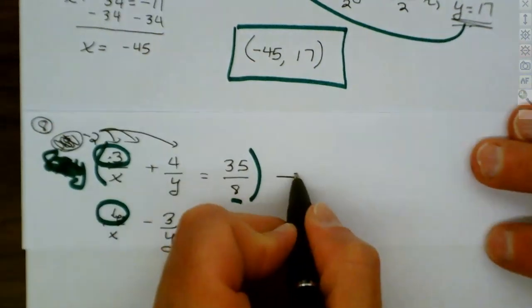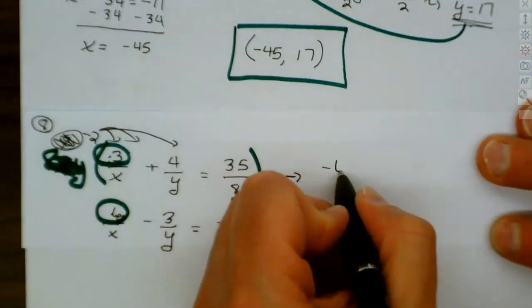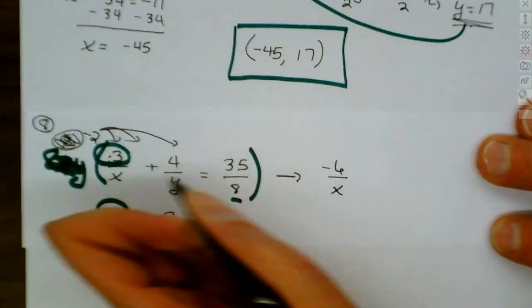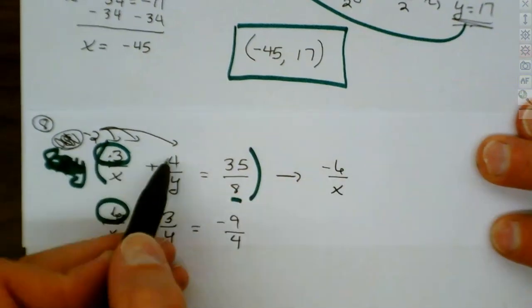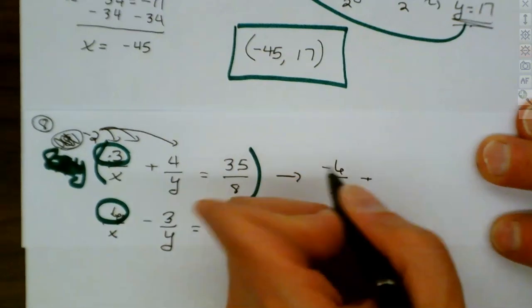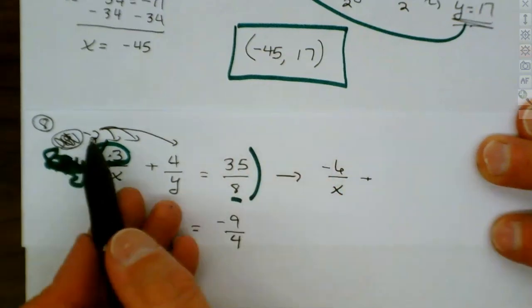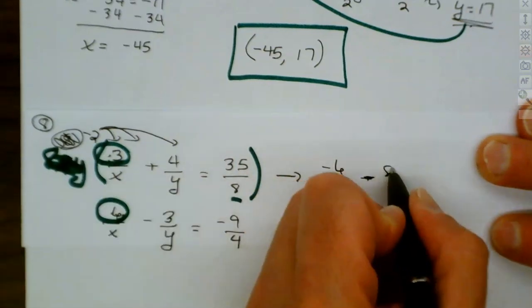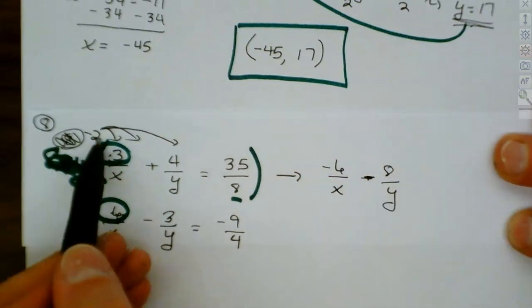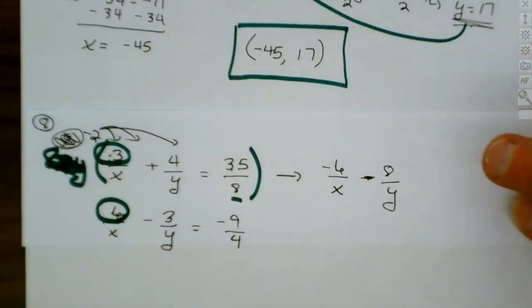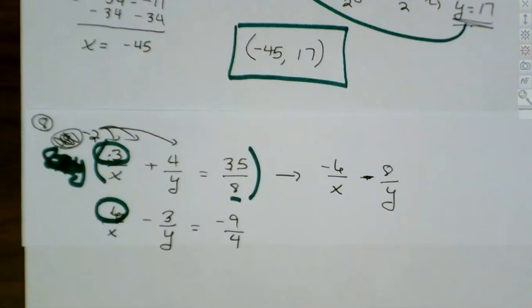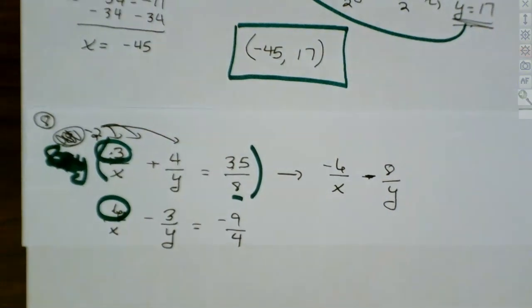And let's rewrite what we've got. Okay, so that's a -6x. -2 times that 4 is a minus 8y. And -2 times that 35. So we've got -2 times that 35.